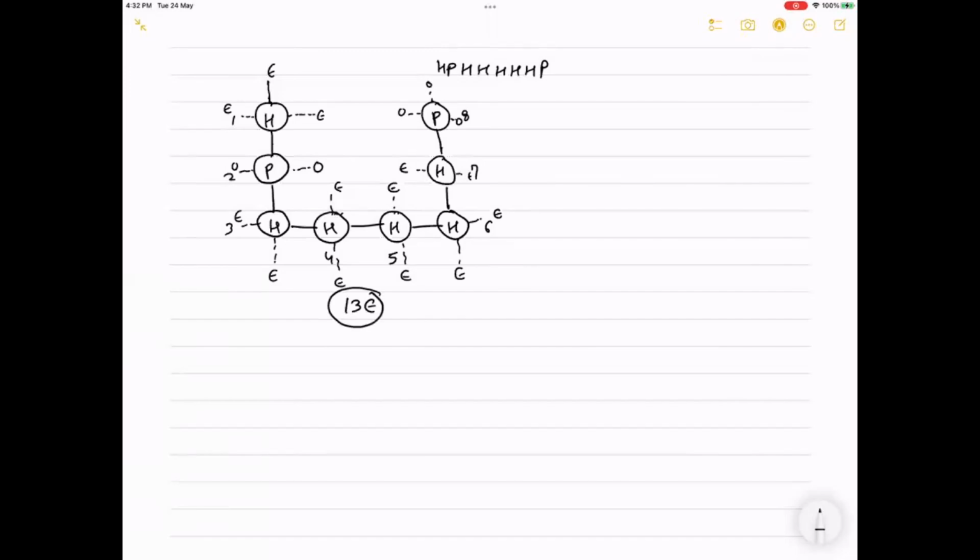Now I would request you to find out the energy for this one and this one. What is the energy for the second one and what is the energy for the third one? Please do this.